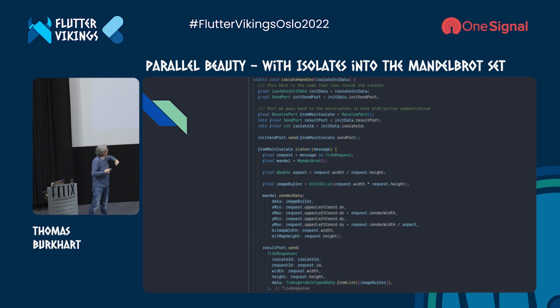So I need a request ID. It also has the width and height, and as I said before, the data uses a transferable data type, TransferableTypedData from the list with the image buffer. That's the way we pass the data back.